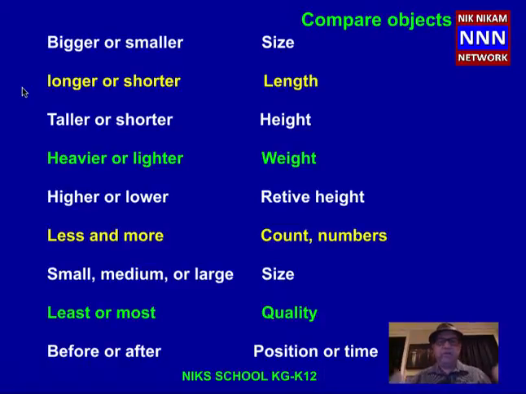Similarly, we are going to look at taller or shorter, heavier or lighter, higher or lower, less or more, which is going to be based on count and numbers, small, medium or large based on size, least or most based on quality, taste, and how you like it. You can also compare before and after based on the position or time or day of the week. So we're going to cover all these things.